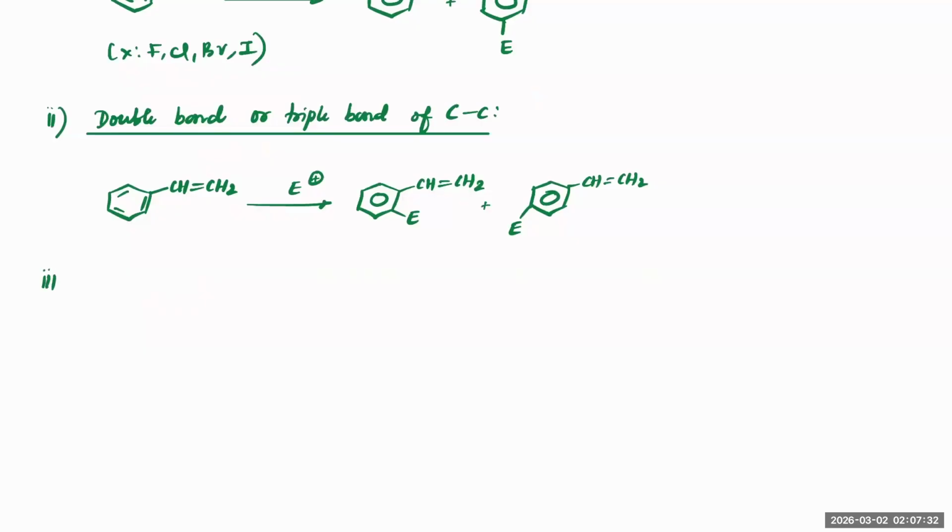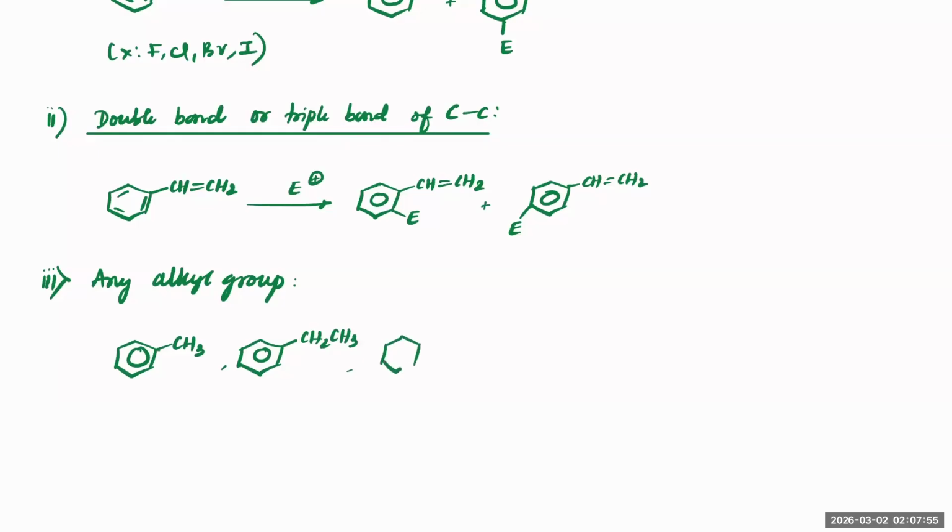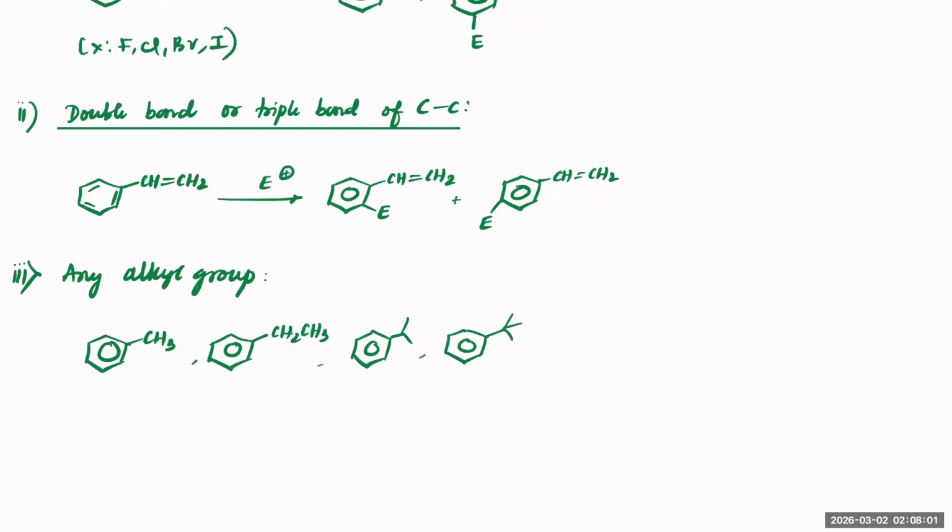Third case, if you have any alkyl group, that is, if you have benzene with CH3, or benzene with CH2CH3, benzene with isopropyl, benzene with tert-butyl, like this.